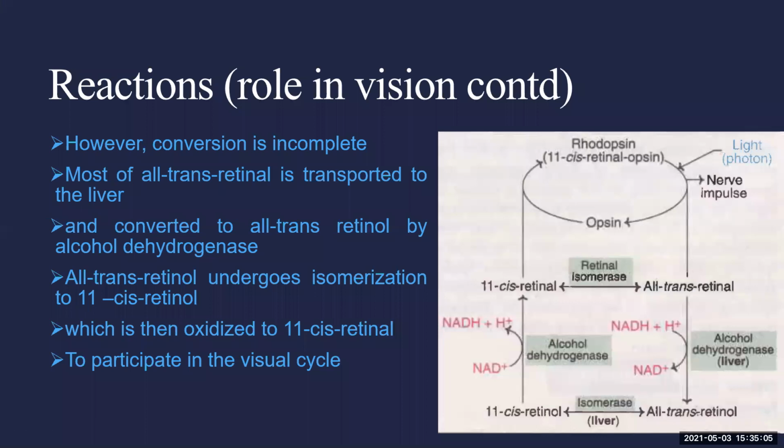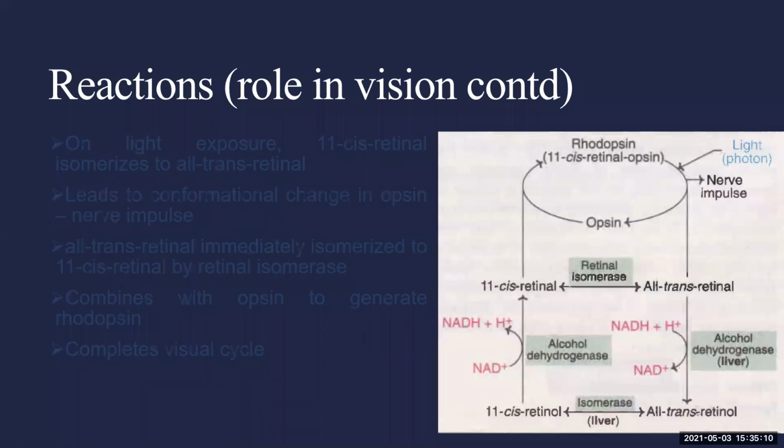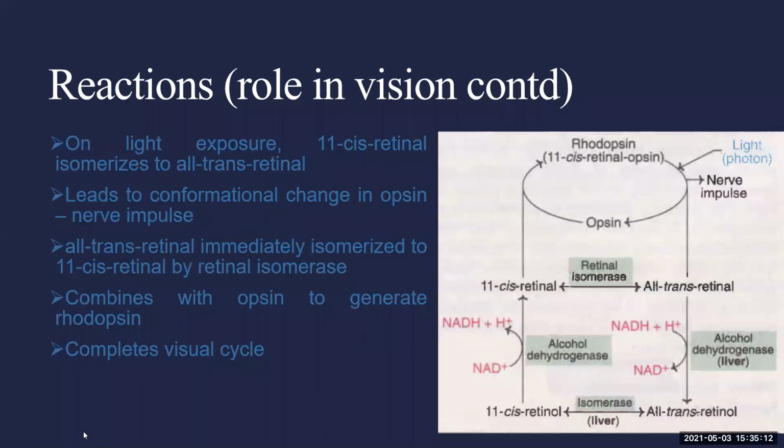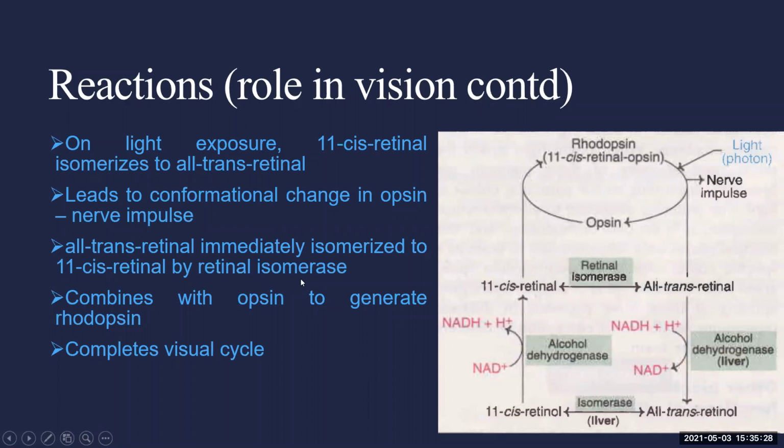There are two different parts we can describe in the opsin-rhodopsin cycle. Number one is the visual part of the cycle. It has only one chemical reaction, the isomerization of all-trans retinal by the action of retinal isomerase, which is very important so that rhodopsin can be regenerated. However, this reaction is not complete.